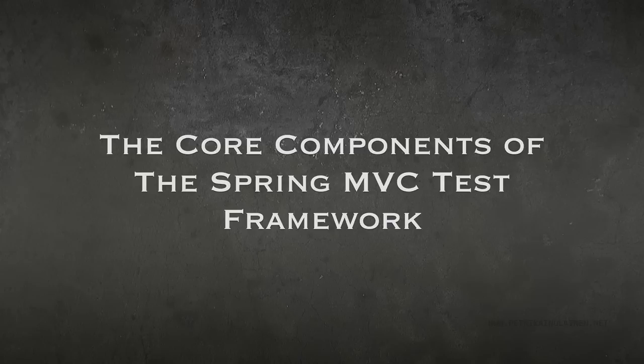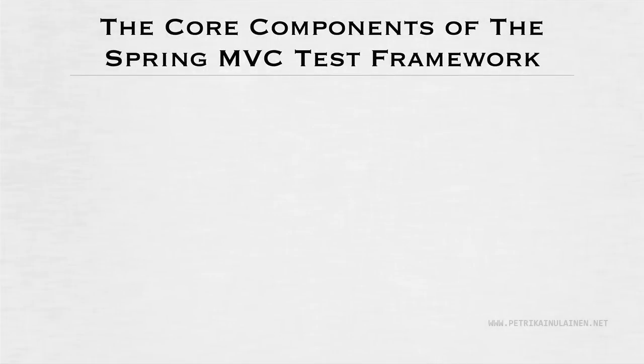Let's take a quick look at the core components of the Spring MVC test framework and see what role these components play in our unit tests. Every unit test which tests the behavior of a controller method consists of two steps. 1.